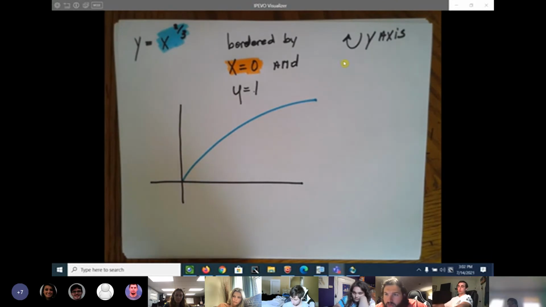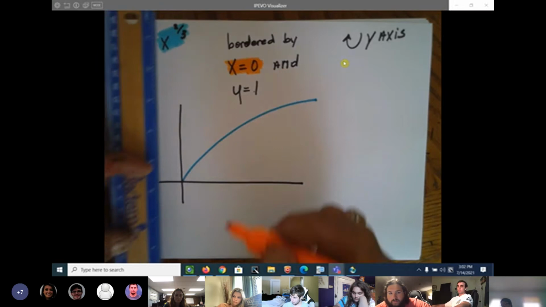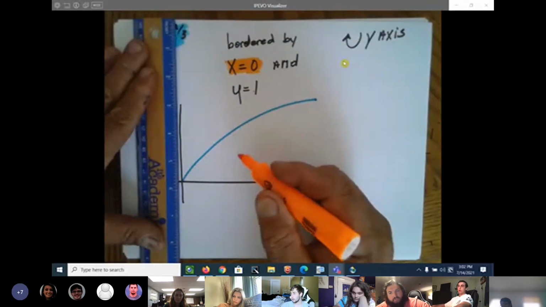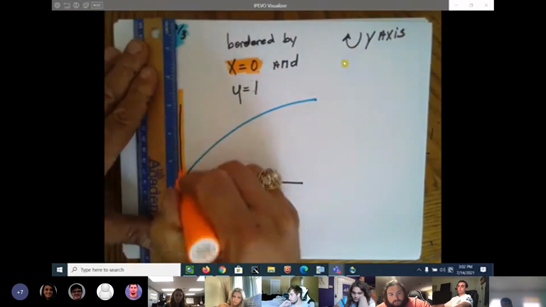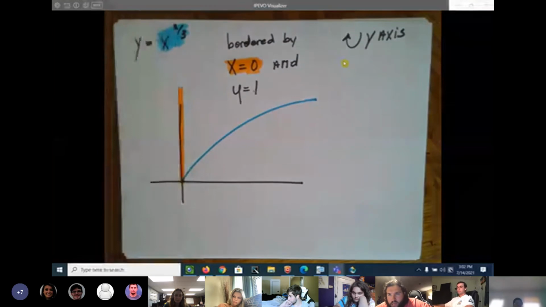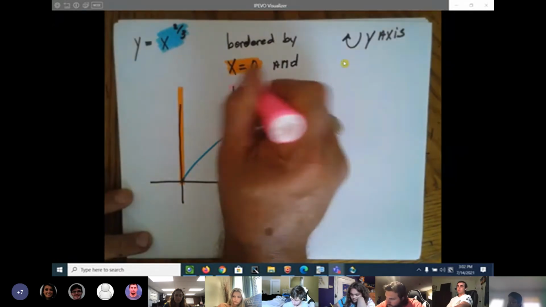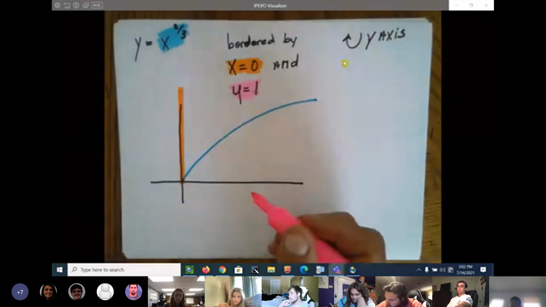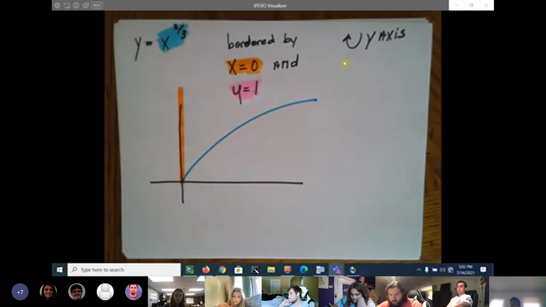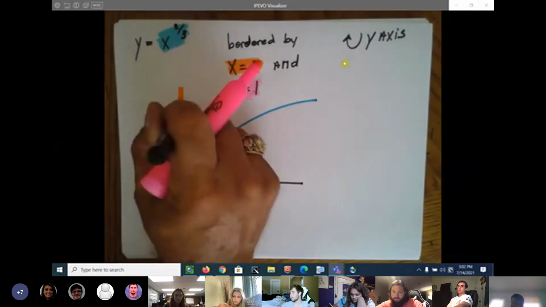It's the y-axis. And what happens when I have y is equal to a number? You have a line at 1, y equals 1. And what kind of a line is that? A horizontal line.